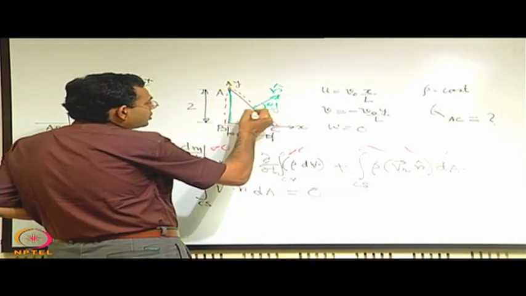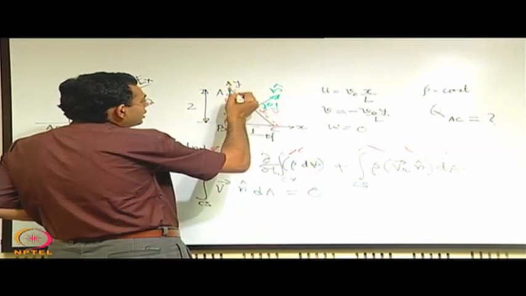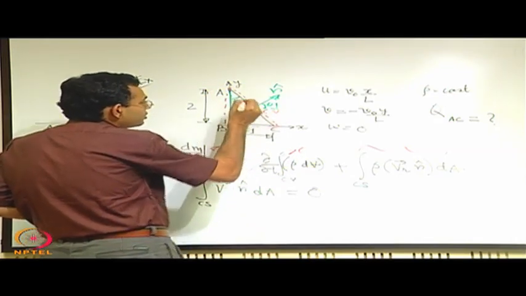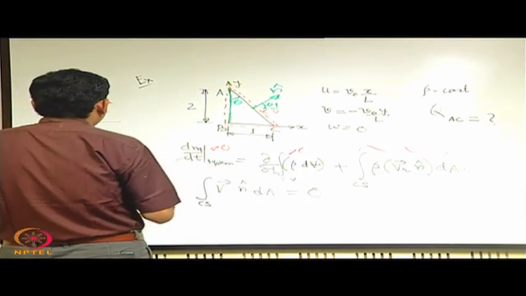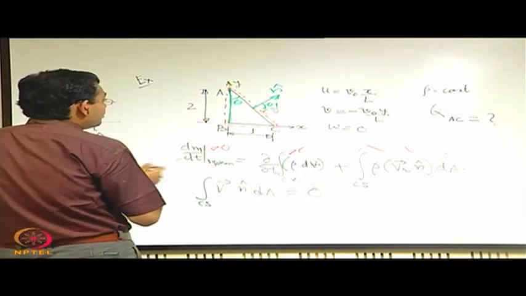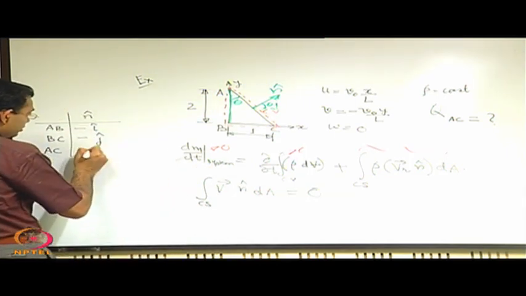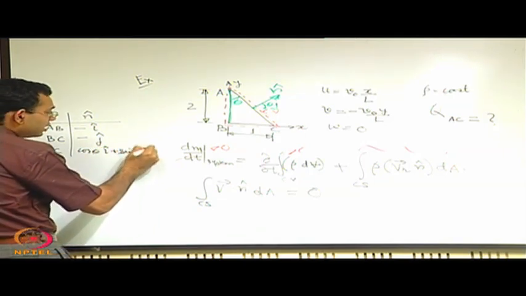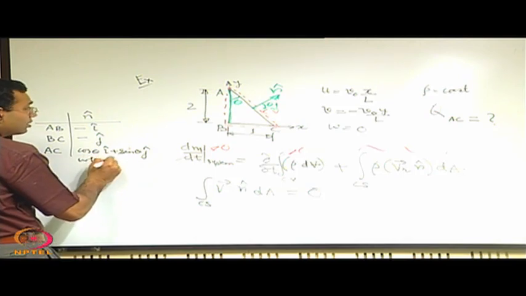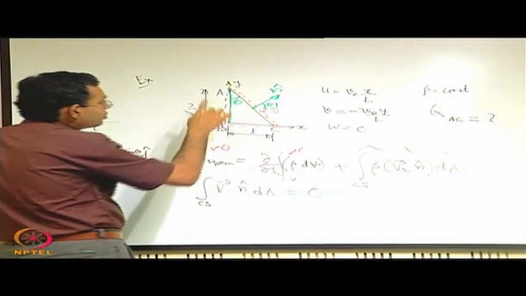So, if the angle between the normal and the horizontal is theta, then the angle between the edge and the vertical is also theta, right. That means you can say that n is definitely cos theta i plus sin theta j, where you have tan theta equal to 1 by 2.